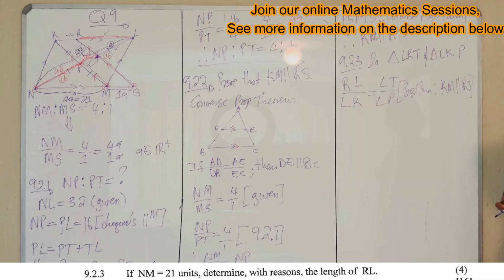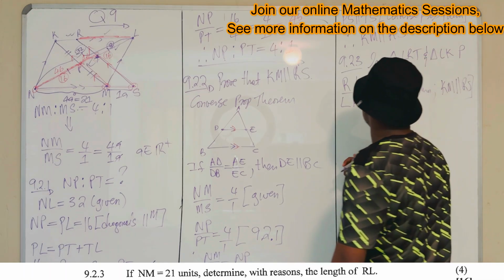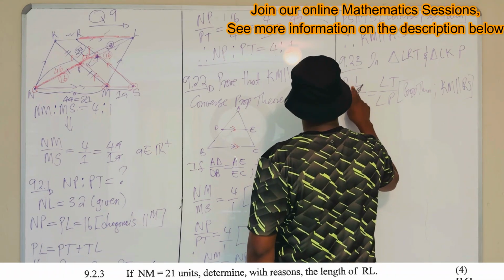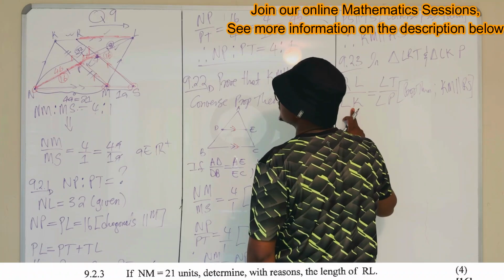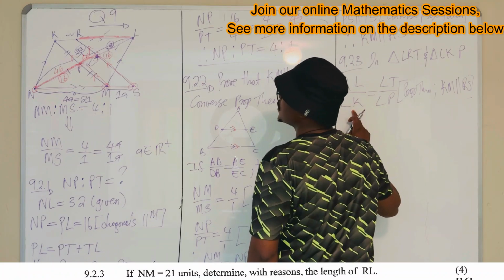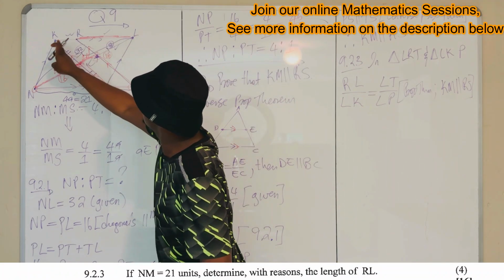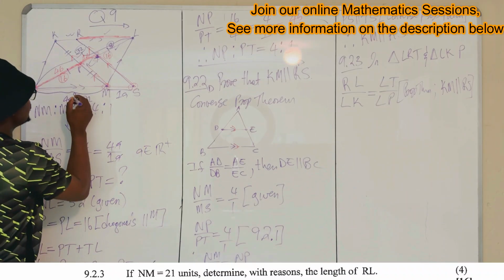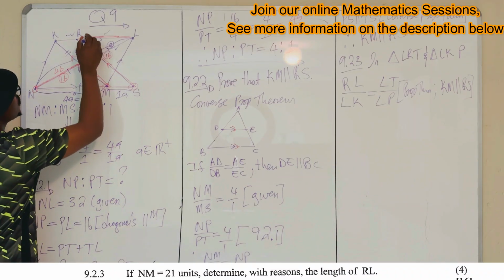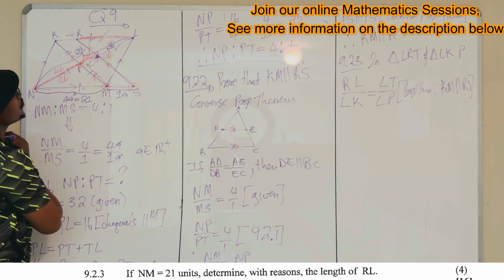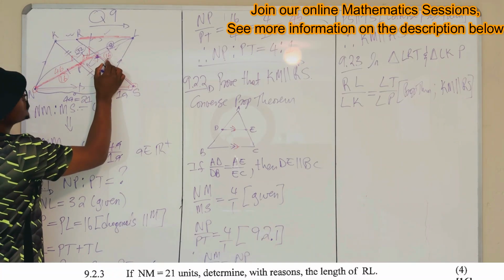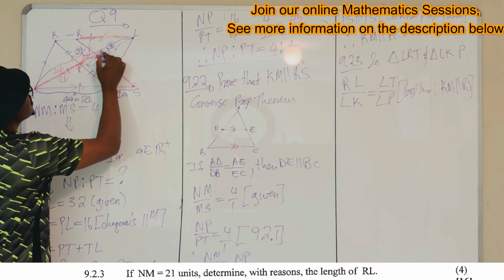And in that case, LR is what we're looking for. LK, do we have LK? LK is this length over here. We do have this length because we're given that this one is 21. So this is equal to that one, because these are opposite sides of a parallelogram. And we have this one to be 16. And this one is 12.